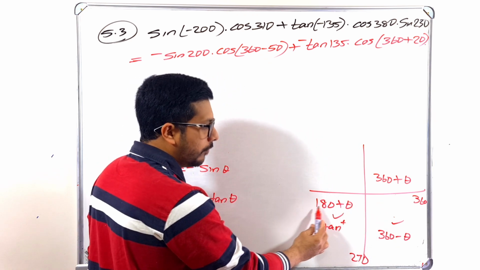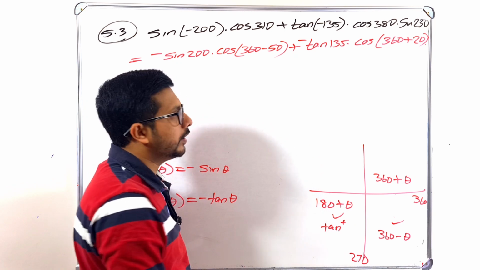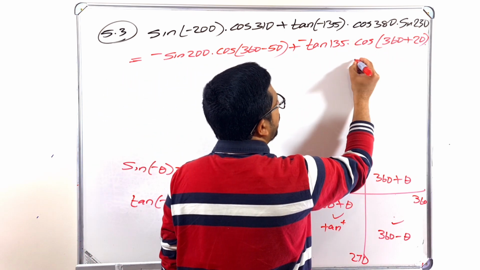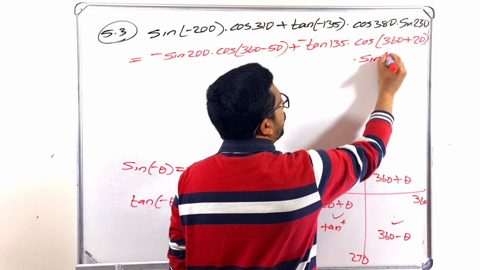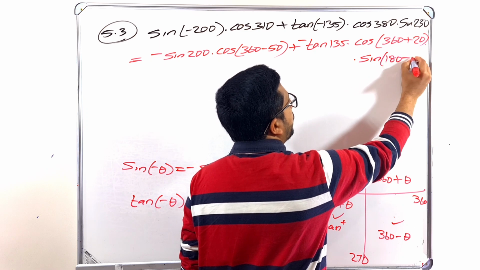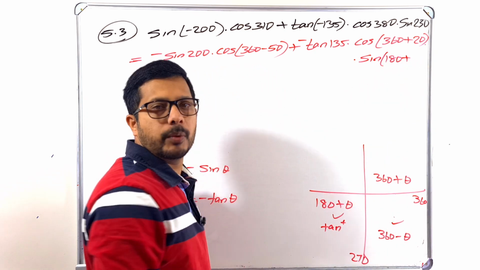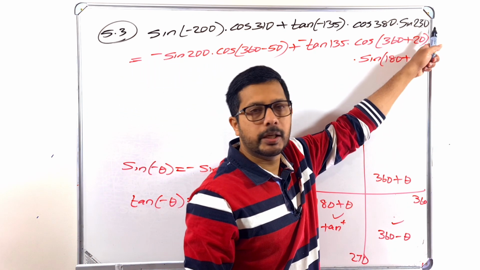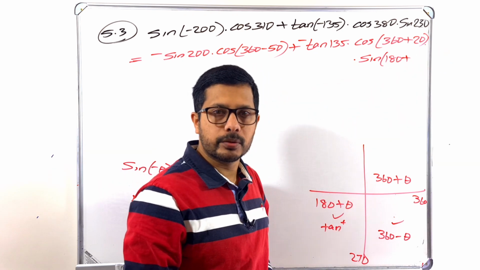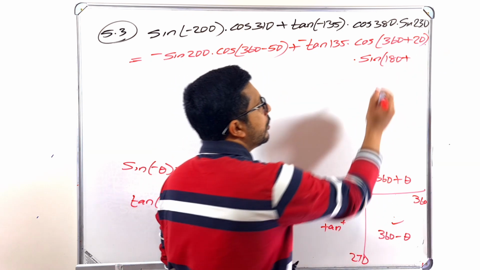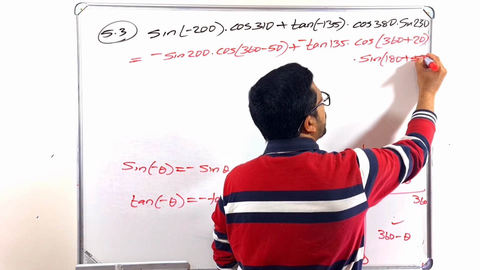Third quadrant, 180 plus theta. So here, sine of 180 plus which number is 230? 180 plus 50 is 230. So 180 plus 50.